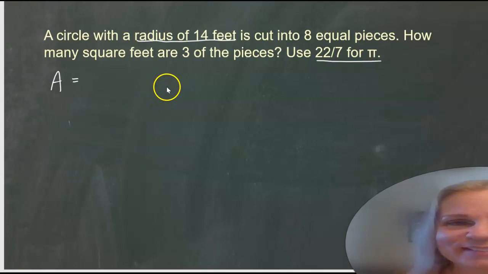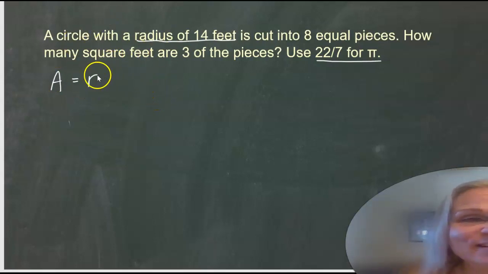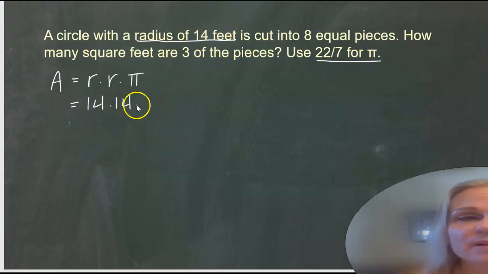Maybe I'm just hungry. The area of the whole circle is r times r times pi, right? And they tell us the radius is 14. So that's going to be 14 times 14 times, and they say to use 22 over 7.